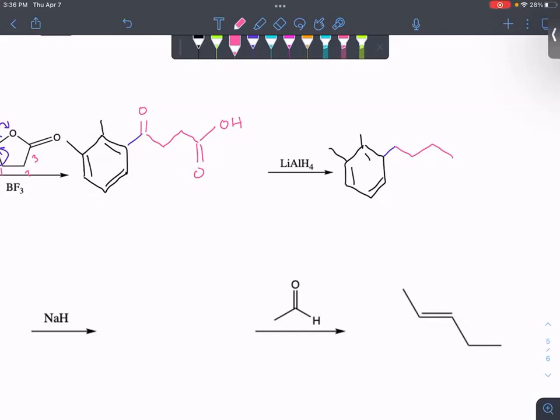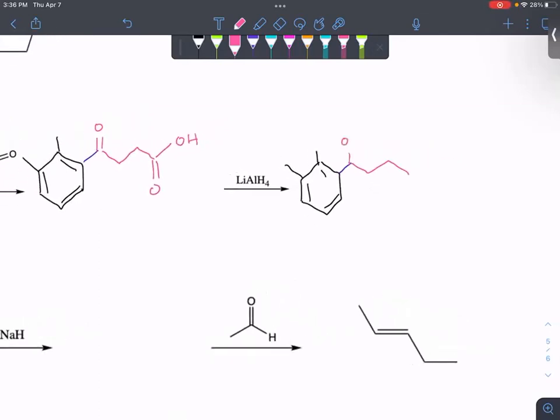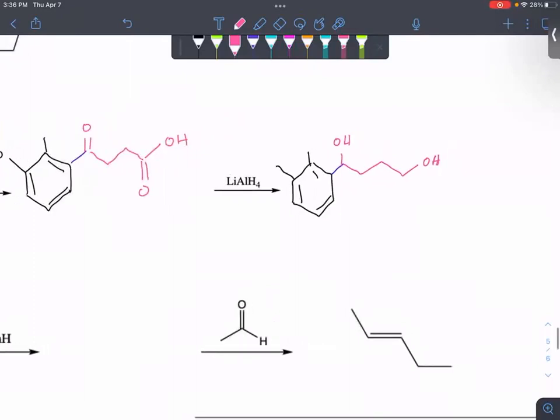Is that gonna form the alcohol? Secondary alcohol? But you were, oh my God, yeah, you're right. Okay, yeah, that was dumb. So lithium aluminum hydride does not reduce it to alkane. That's Wolff-Kishner.